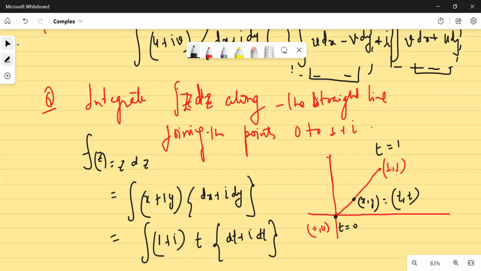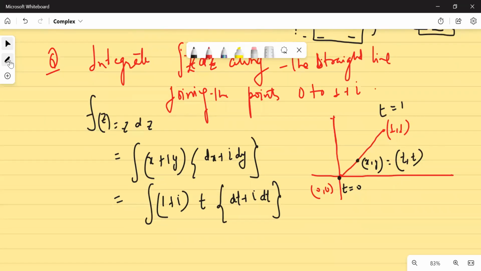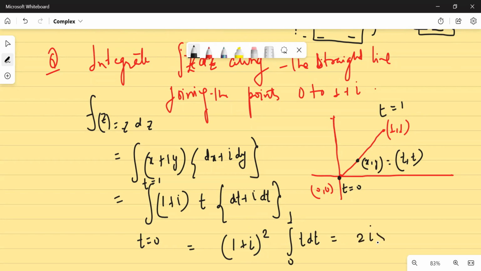Yes or no? And along this line we are moving from t equal to 0 to t equal to 1. Taking 1 plus iota common, the 1 plus iota comes outside, this will be t dt, integration from 0 to 1, and 1 plus iota squared is 2 iota, into t squared upon 2. So this will give you 1 over 2. This will get cancelled and this will give you iota.